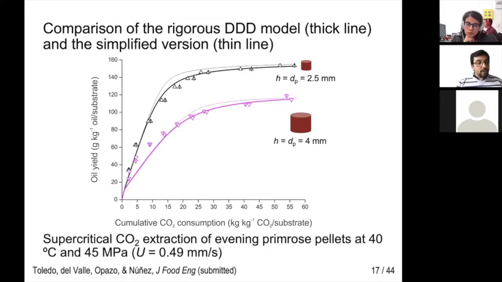We compare the best fitting of the general model in thick lines and the simplified model in thin lines to the cumulative extraction curve of evening primrose pellets using supercritical CO2 at 40 degrees Celsius and 450 bar. We used as a substrate pellets of 2.5 and 4 millimeters in diameter, having a height to diameter ratio of 1.